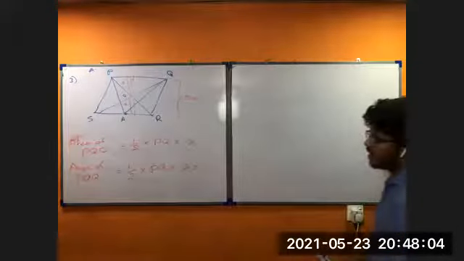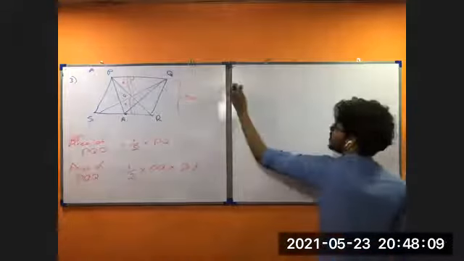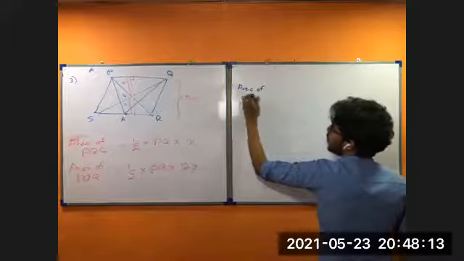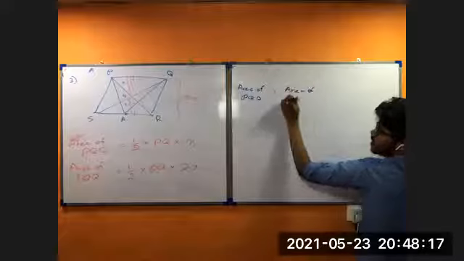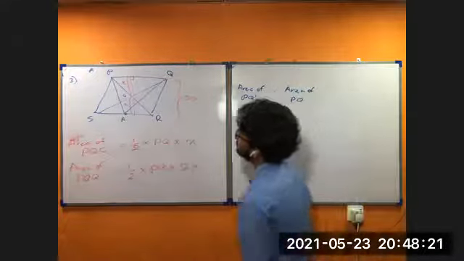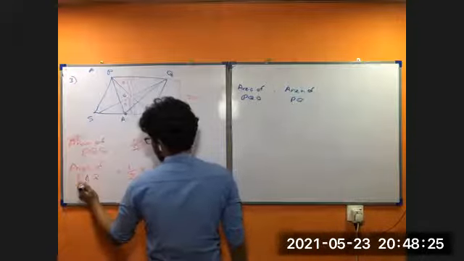So now you can find the ratio between the areas. You can write the first one is to the second one. So area of PQO is to area of PAQ.